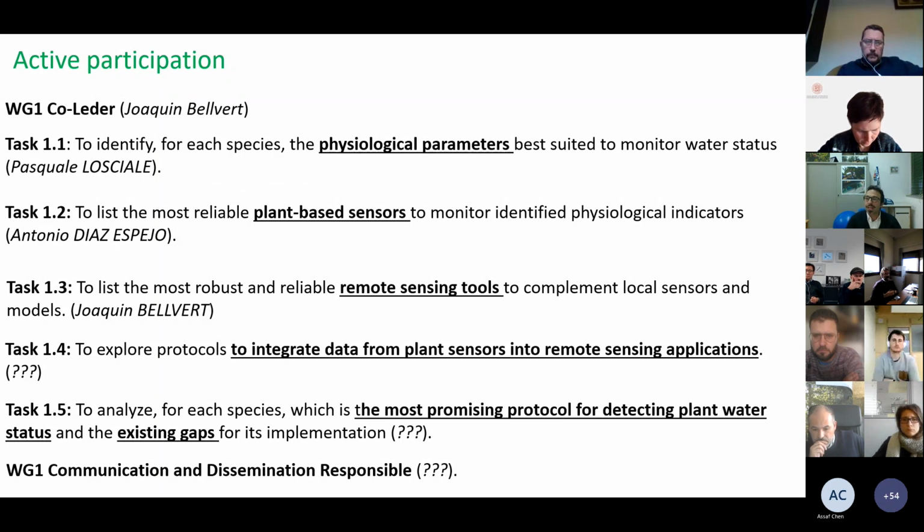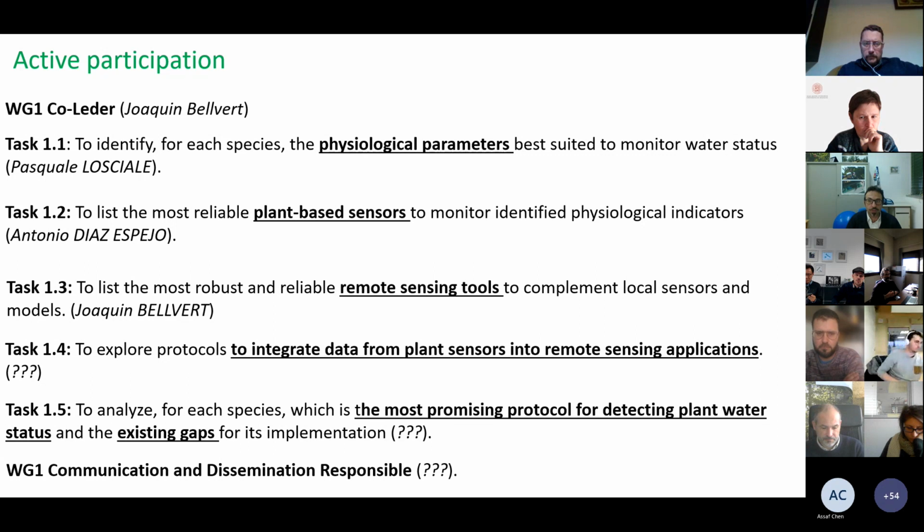And of course, another position, a mandatory position, so we must decide about this, is the communication and dissemination responsible of the working group 1.